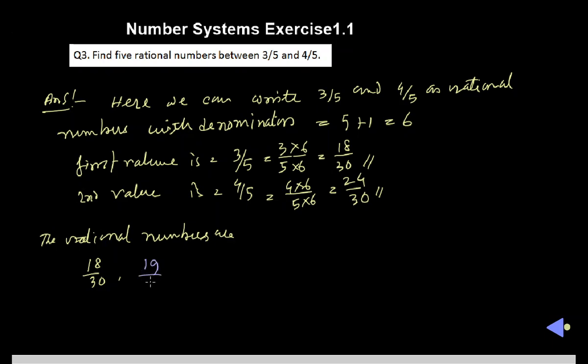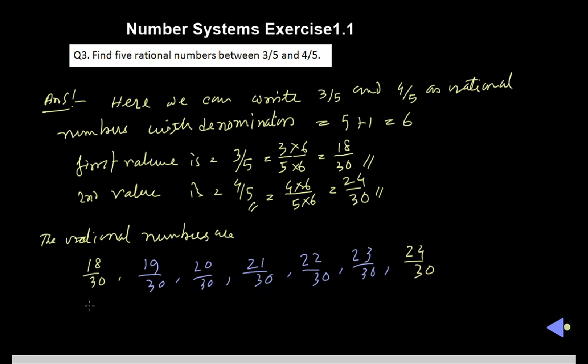It is 19 by 30, then 20 by 30, 21 by 30, 22 by 30, and 23 by 30. And finally we can write the final value, 24 by 30. Actually 24 by 30 means 4 by 5. We can write them in reduced form also, no problem.